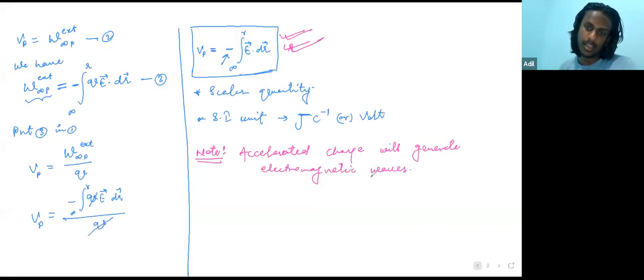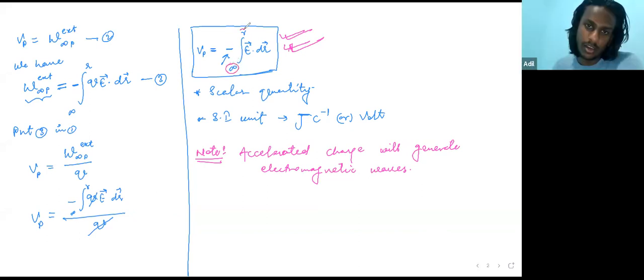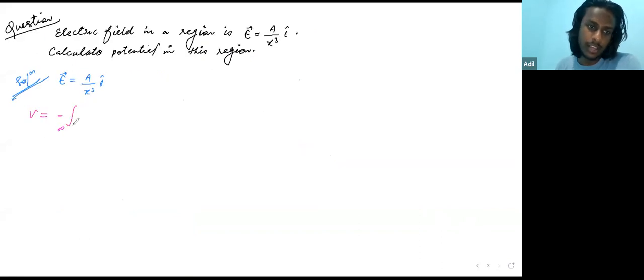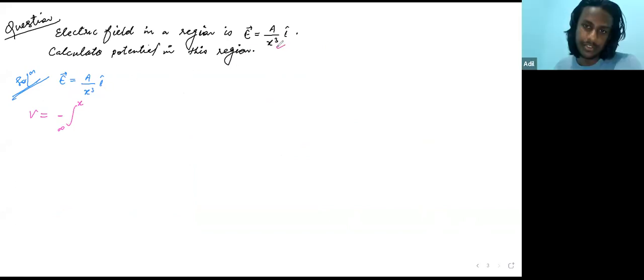Look here, Nawal. Here we are taking the limit from infinity to r. But in this question, your variable is taken in terms of x. So we are going to take the limit from infinity to x now, because your value is given in terms of x.